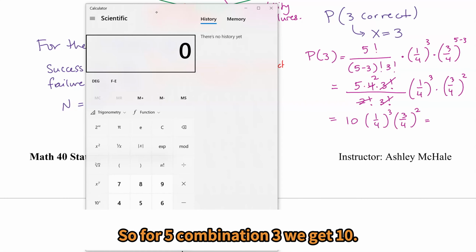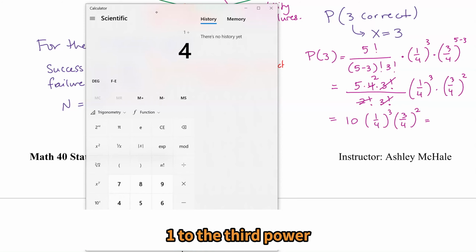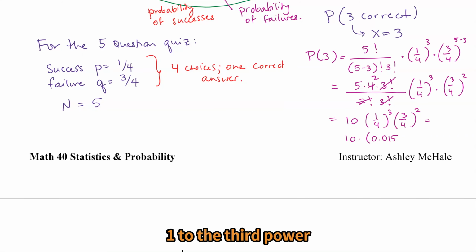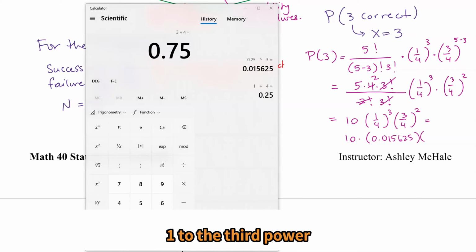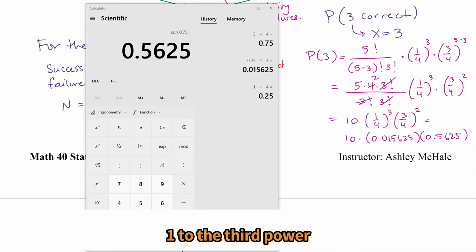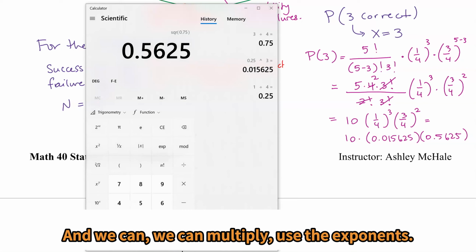So for 5 combination 3, we get 10. 1/4 to the 3rd power, and we can multiply, use the exponents.